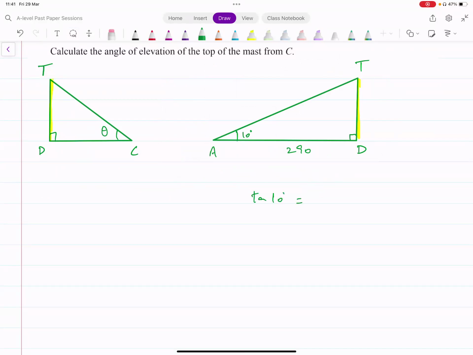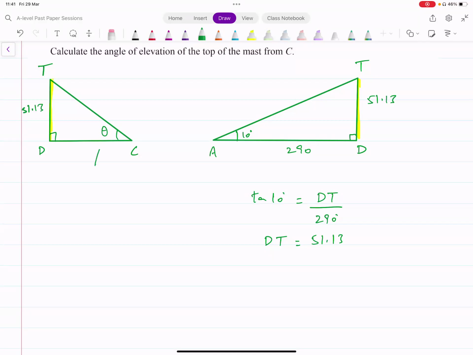Tan of 10 degrees is DT over 290, and that's going to give you the length DT. 290 into tan of 10 degrees, what does that give us? That gives us 51.13. Okay, so we have the length DT now. This length is 51.13.